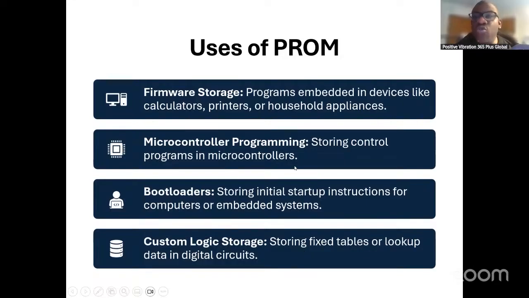Remember, it can only be programmed once after manufacturing and then cannot be changed again. That's a major difference. With read-only memory, it comes programmed already, while with PROM it can be programmed once after manufacture and then cannot be changed again. You must know at least one example of what uses PROM.